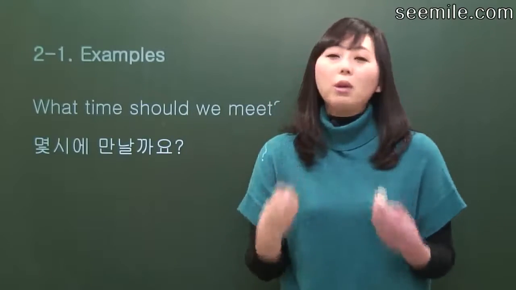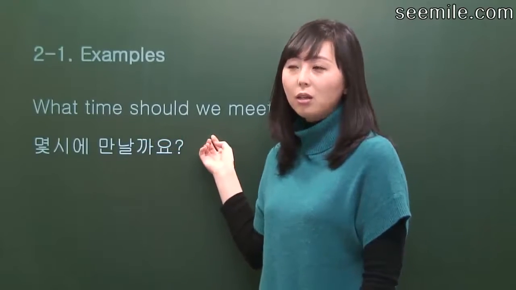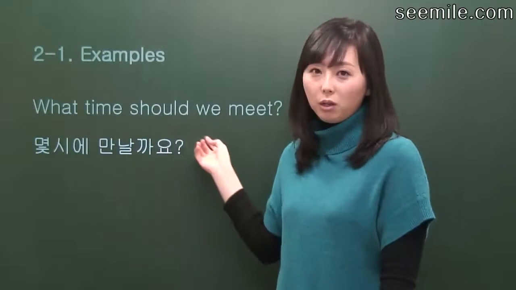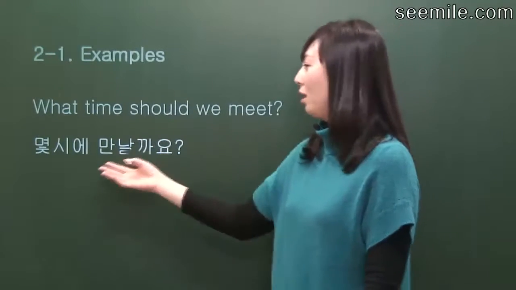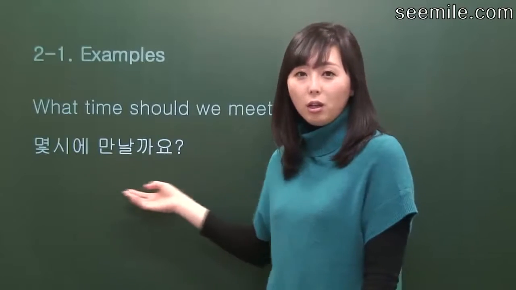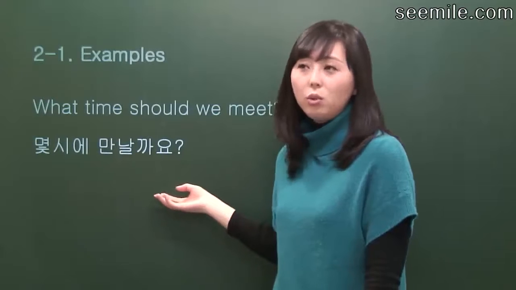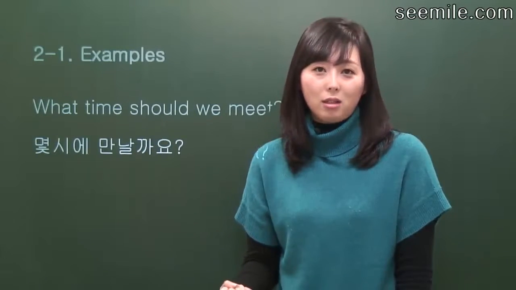만날까요? The reason why I divided each part in Korean is to help you to understand this expression. If I just tell you, okay, what time should we meet means 몇 시에 만날까요? If I just tell you like this, you have to just memorize this long sentence, which is impossible for you because it's a basic Korean class.